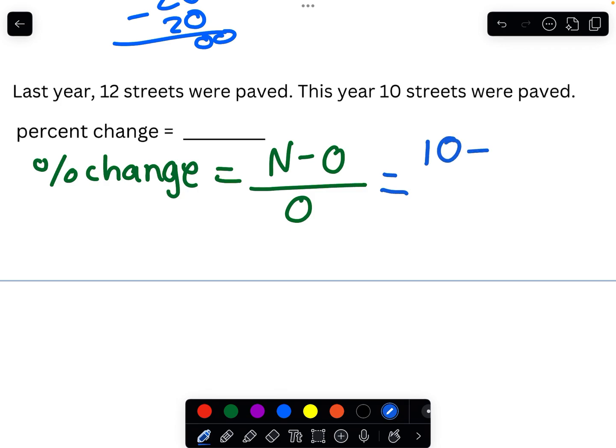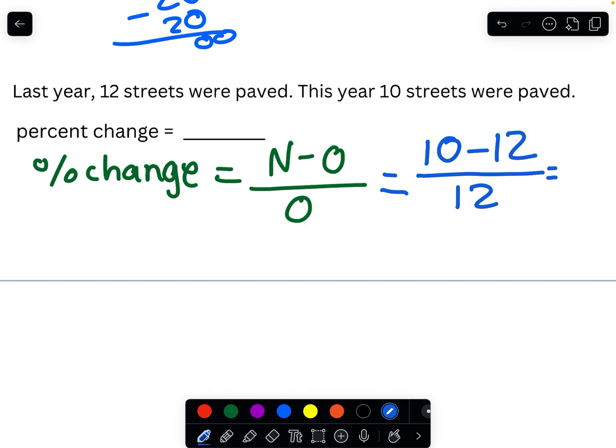The old value, last year, 12 streets were paved. So we're doing this year minus last year because we're going in order of time, temporal order. So 10 minus 12, and then we put 12, because these two numbers should always match, over the original number.